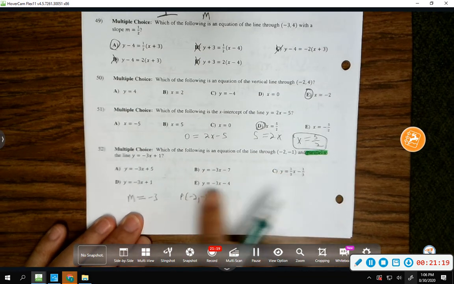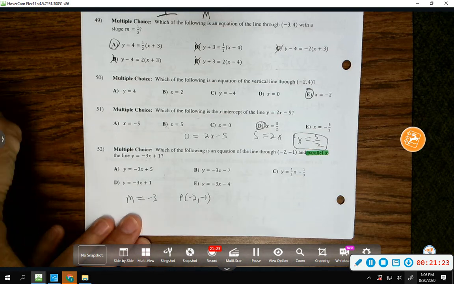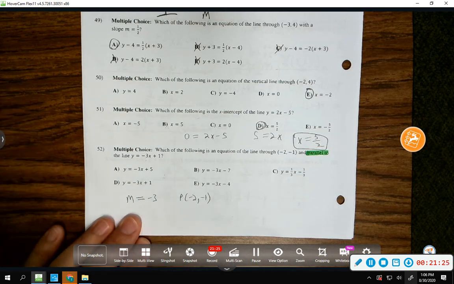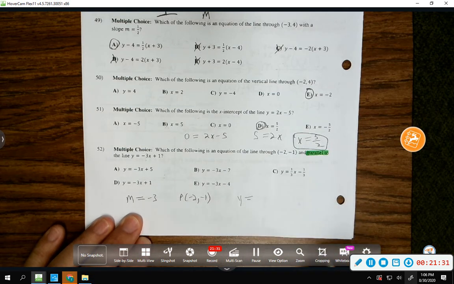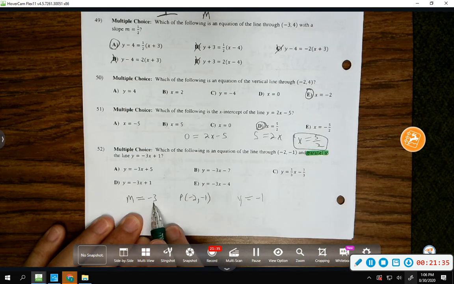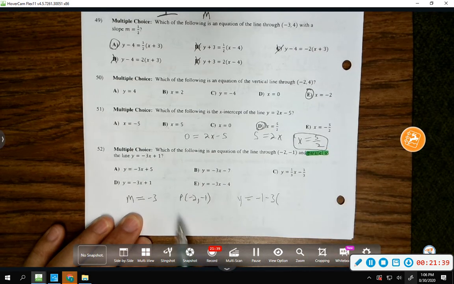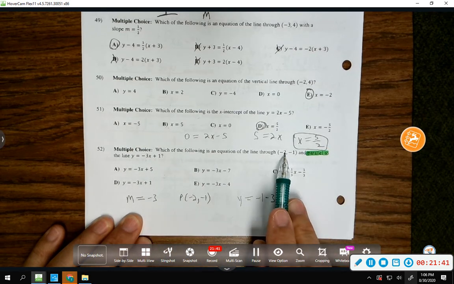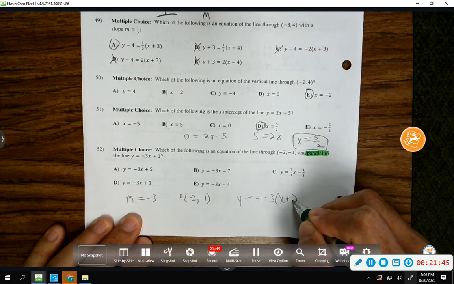These are written in slope-intercept form. So it's easier just to start with that linearization form as opposed to the point slope. It's easier just to say this. y equals the y-coordinate plus the slope. Now my slope's negative, so I'll go subtract 3 times x minus the x-coordinate. x minus -2 becomes x plus 2.